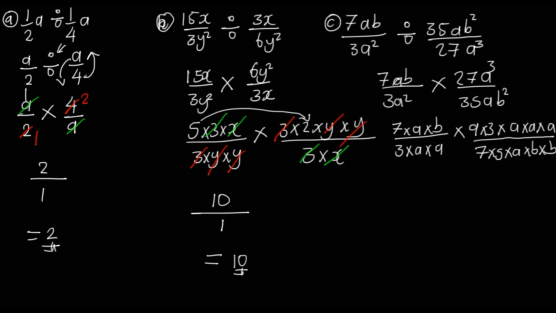So now we can cancel. This 7 cancels, this a and this a cancel, this b and this b cancel. We can now cancel the other ones. From there we can see that this 3 and this 3 will go.